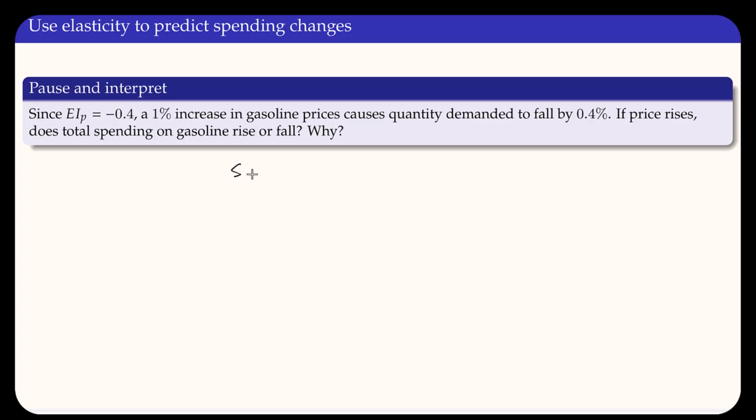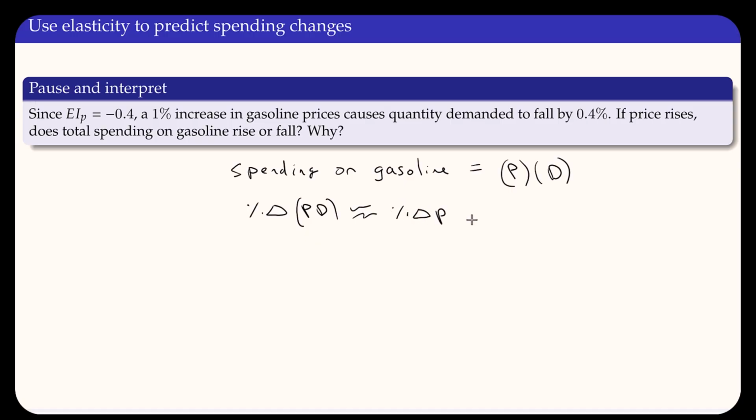Well, spending on gasoline is equal to the price of gasoline times the demand for gasoline. So the percentage change in price times quantity demanded is approximately equal to the percentage change in price plus the percentage change in quantity demanded.